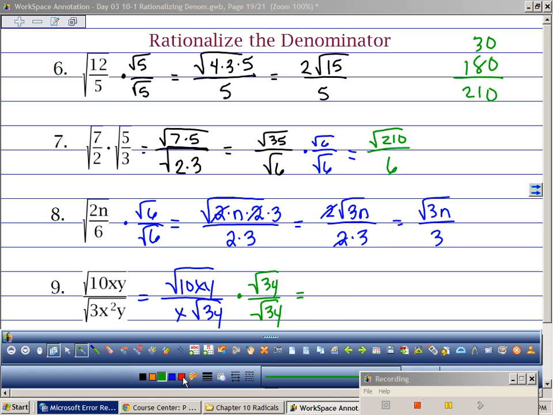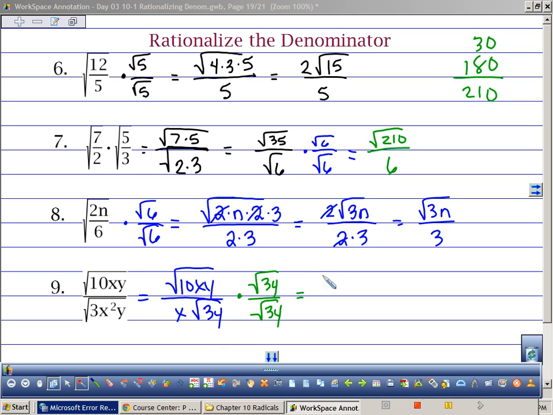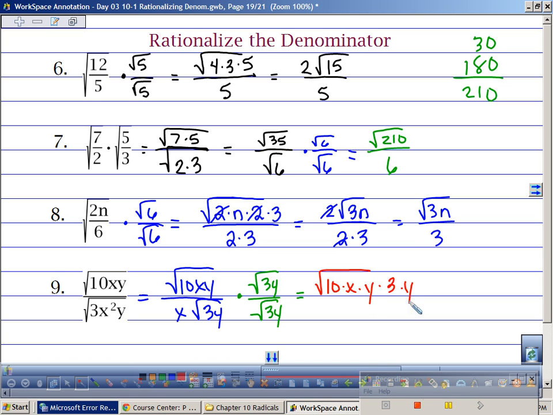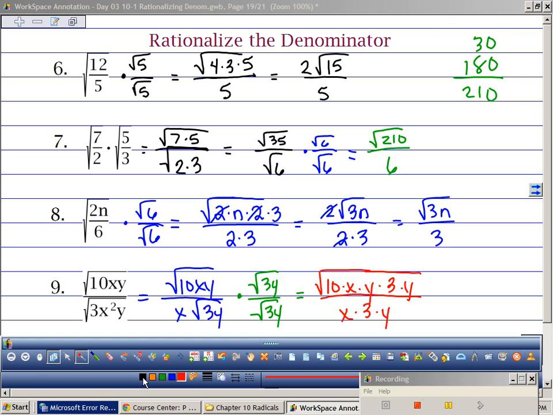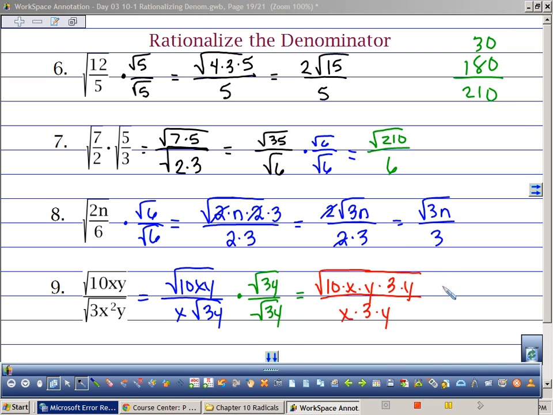Equals, keep going, equals 10 times x times y times 3 times y over x times what? This one's a little harder. 3 times y. What gets kicked out in the numerator?